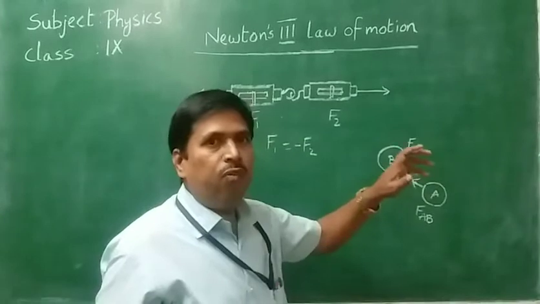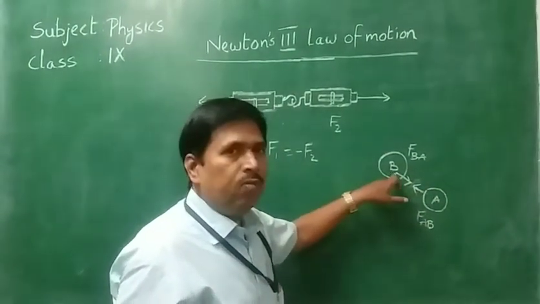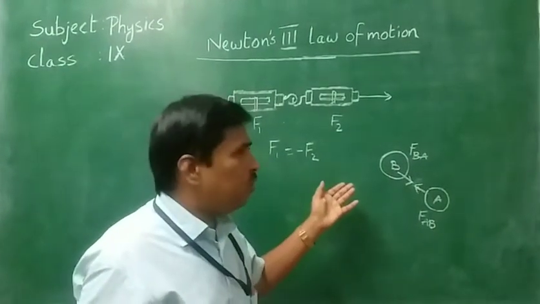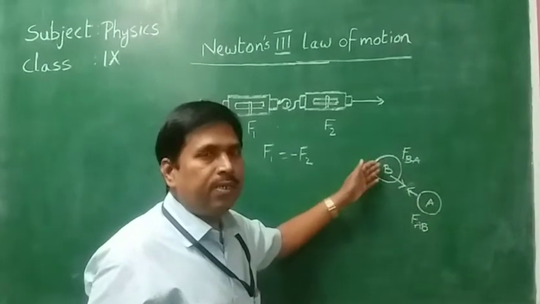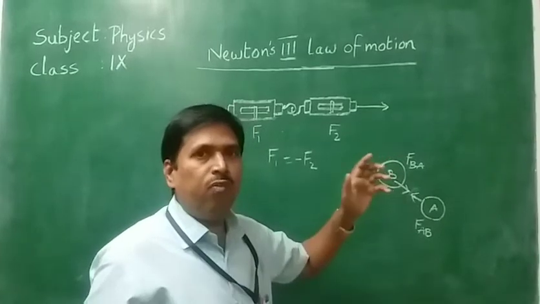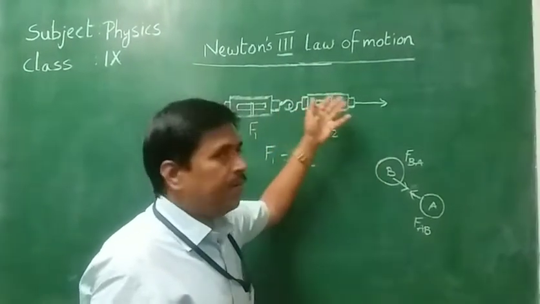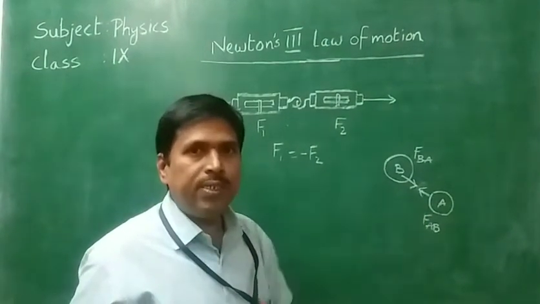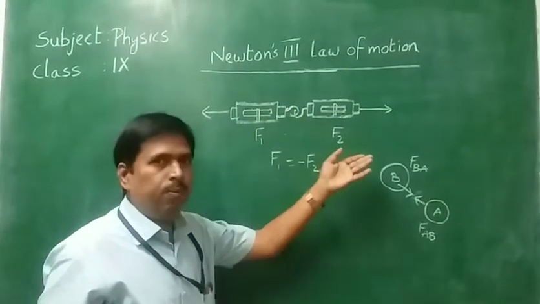The magnitude of force is equal, but the direction is opposite. So, from this you can understand that any object that applies force on another object also experiences an equal force from it in the opposite direction. That proves Newton's third law of motion. For every action, there will be an equal and opposite reaction. That is said to be Newton's third law of motion.